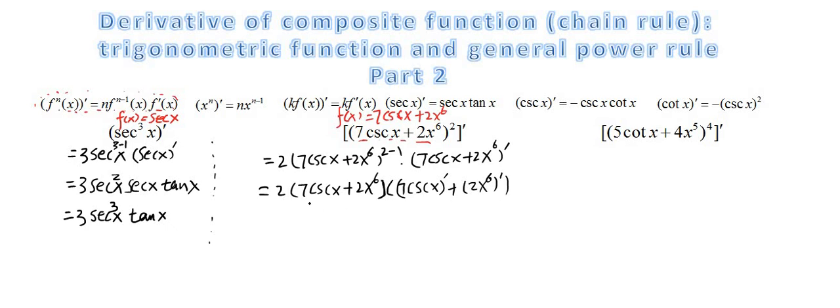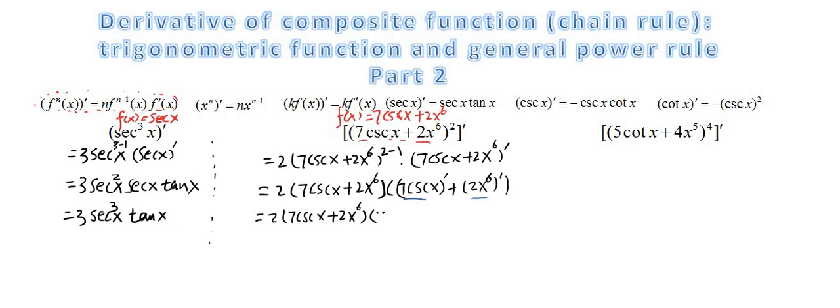Now we can tell that for these two functions, each is a constant times a function, right? We're gonna apply the constant multiple rule. We keep the constant the same and take the derivative only of the function. So we have 7 cosecant x plus 2x to the power 6.